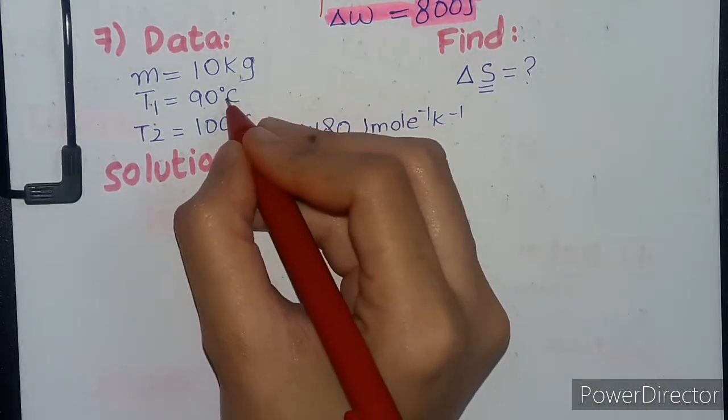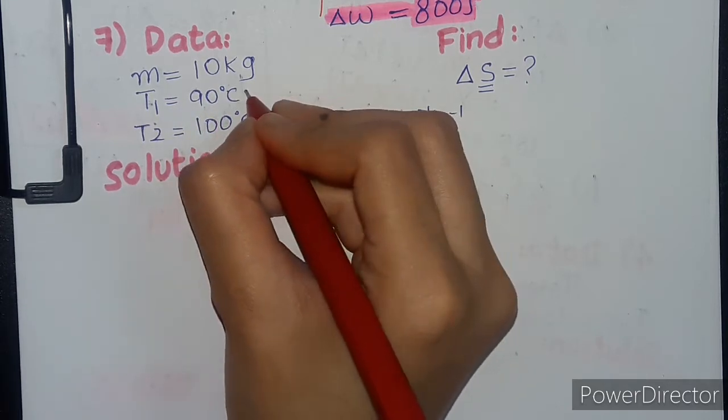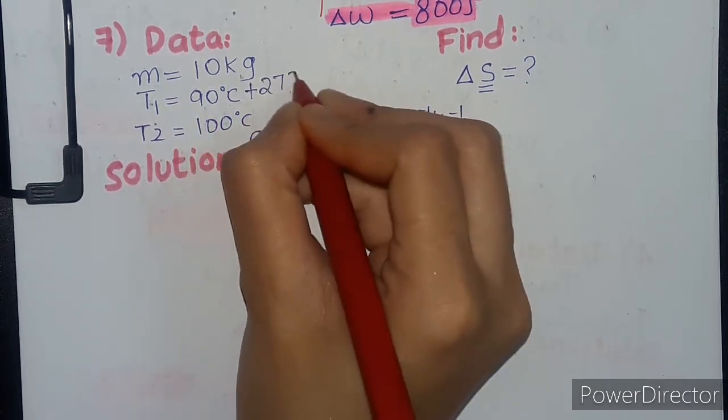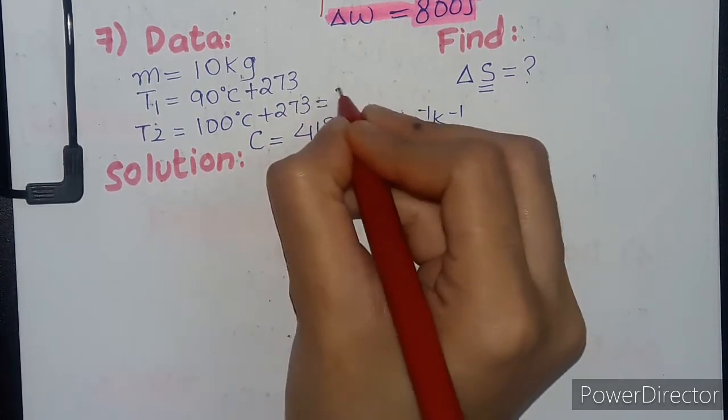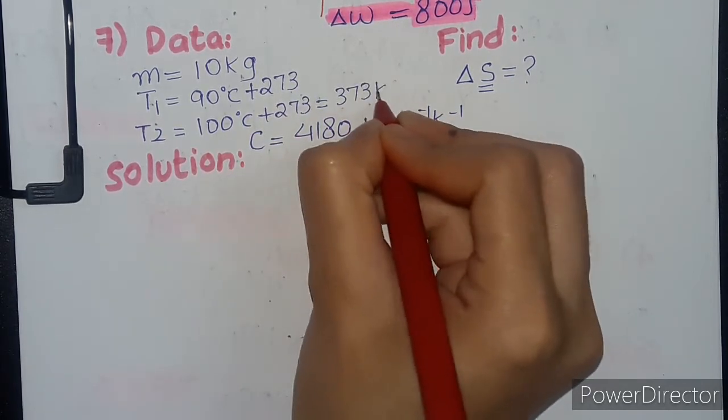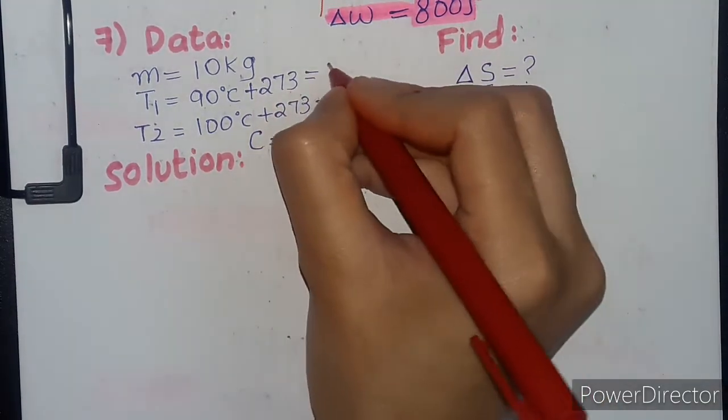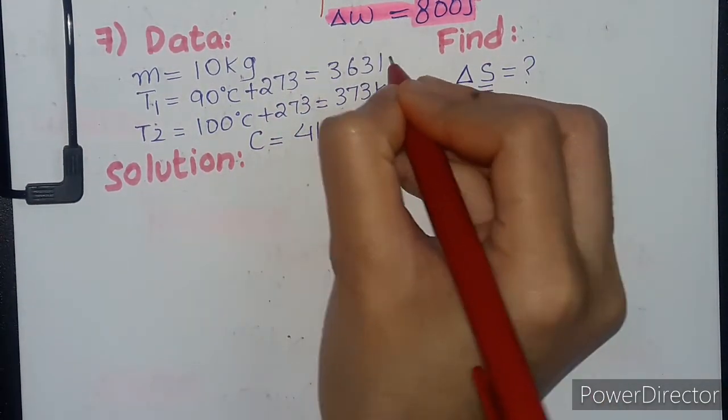Now we have to convert these temperatures from Celsius to Kelvin by adding 273. So we get 373 Kelvin, and for the other, 363 Kelvin.